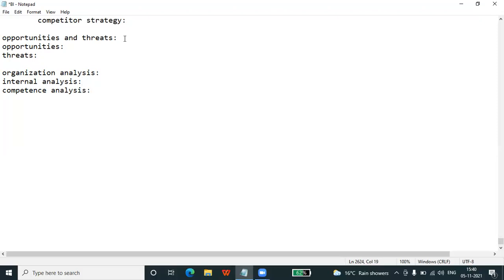So internal analysis: in this we have strength and weakness. Strength means product differentiation. Weakness: lacks innovative people within the organization.